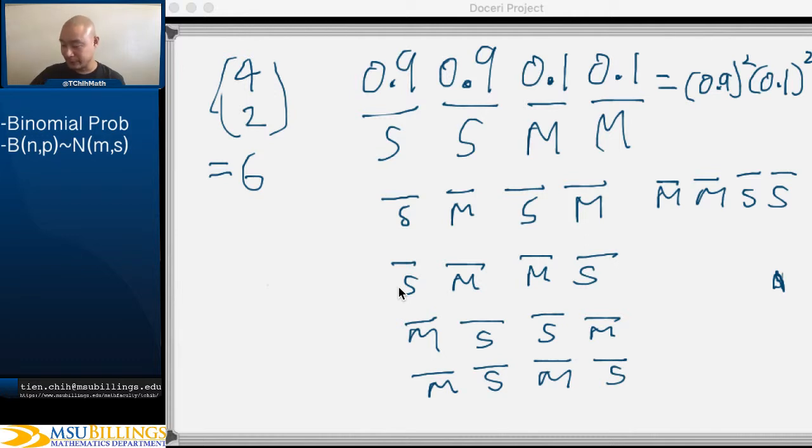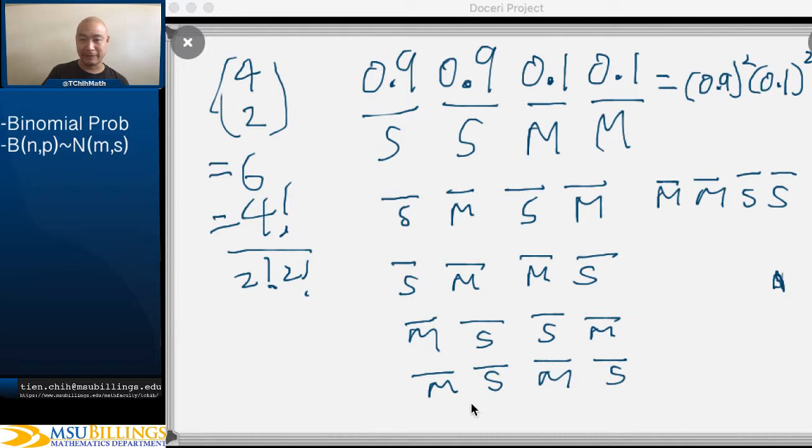We can review that this is 4 factorial over 2 factorial times 2 factorial, or you can use your favorite piece of technology to work that out. But either way, when we do the arithmetic here, we'll get 6 different ways that can happen. And there are, what, 1, 2, 3, 4, 1, 2, 3, 4, 5, 6, right?